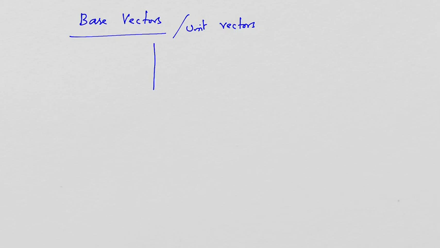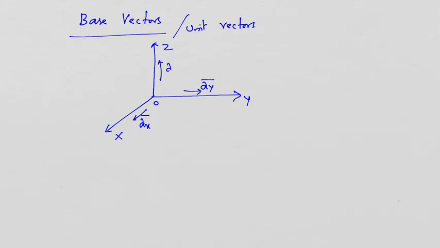For example, when I have a coordinate system with reference axes x, y, z, you can notice aY is the unit vector oriented along the y-axis, and aX is the unit vector used to indicate the direction of the x-axis, and aZ is the unit vector oriented along the direction of the z-axis in a given coordinate system. So aX, aY, aZ are called base vectors.